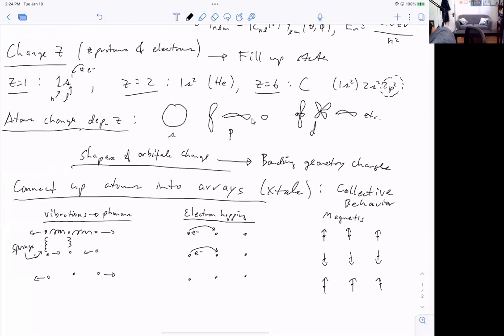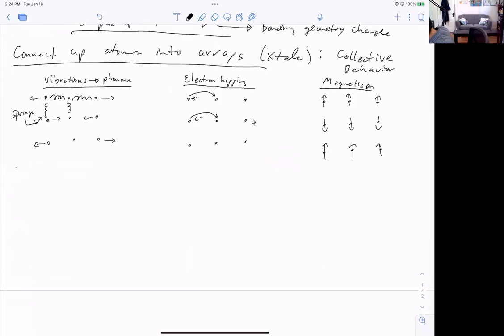And that's also a collective behavior, which depends on all the atoms in the crystal and the symmetry of the crystal, etc. And then you can have other many body effects, which are collective effects due to the fact that you have lots of electrons living inside a crystal.